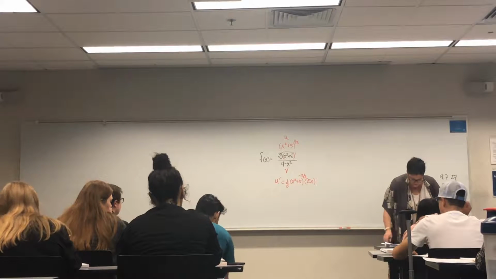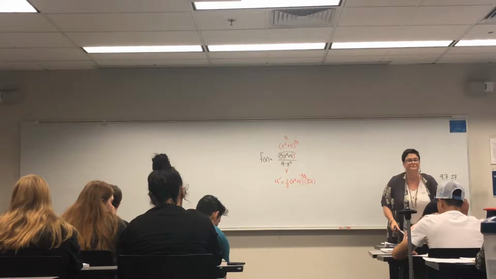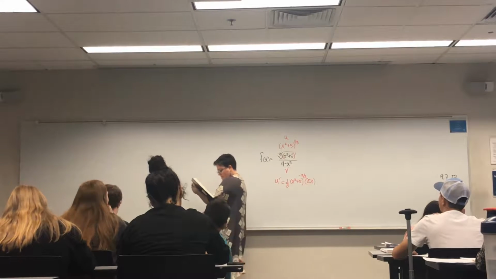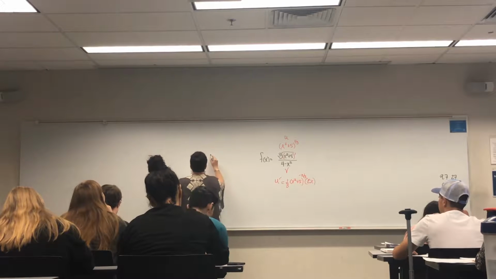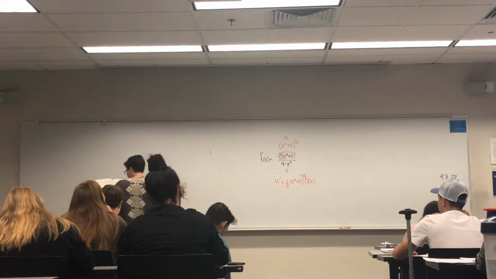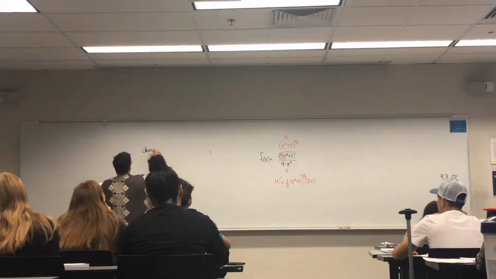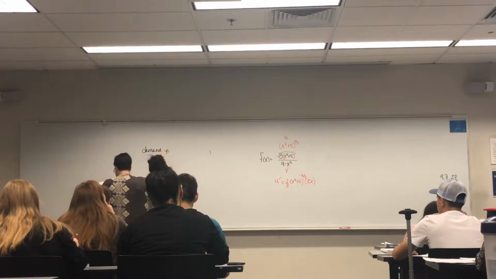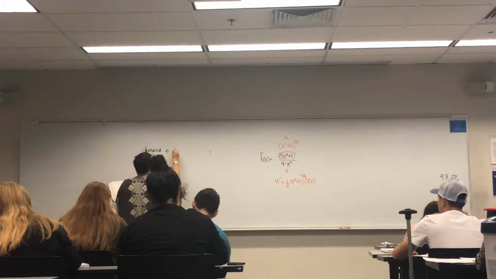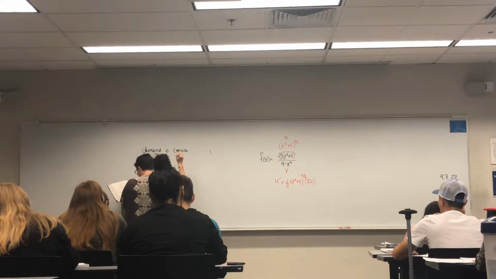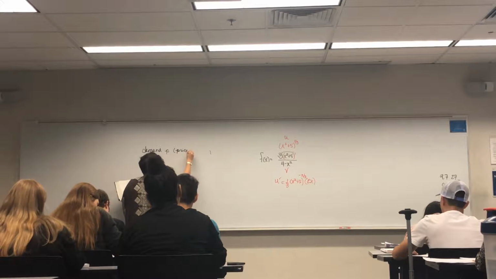Is that the demand for a local cable TV service? Okay. Where P is the monthly price in dollars and X is the number of subscribers in hundreds. So demand is P, which is also price, in dollars.